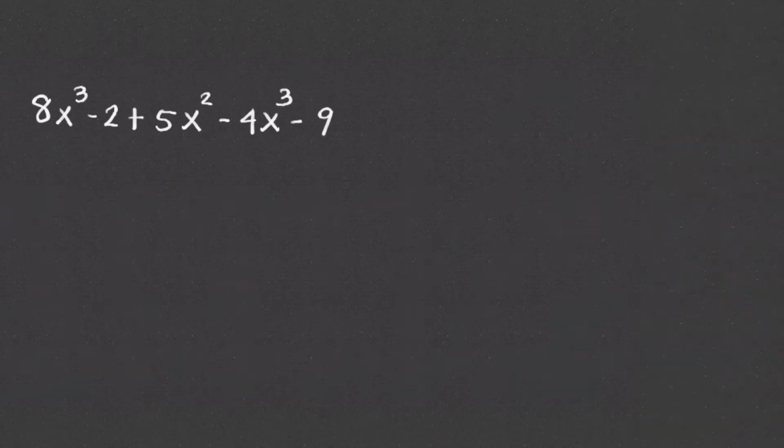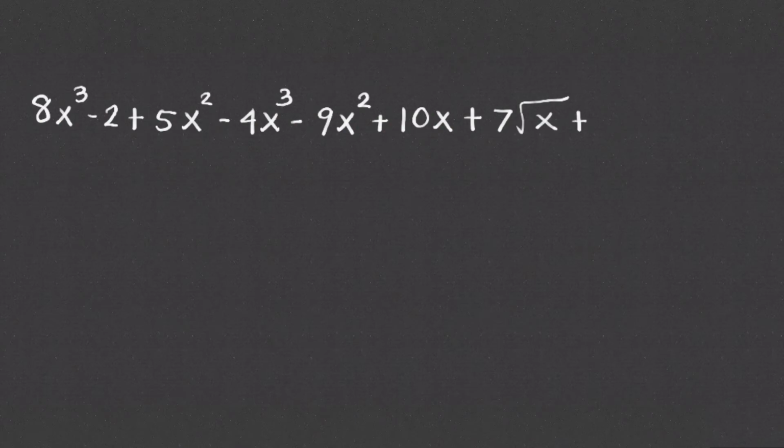Try this one. 8x cubed minus 2 plus 5x squared minus 4x cubed minus 9x squared plus 10x plus 7 square root of x plus 3x minus 5 square root of x plus 1.